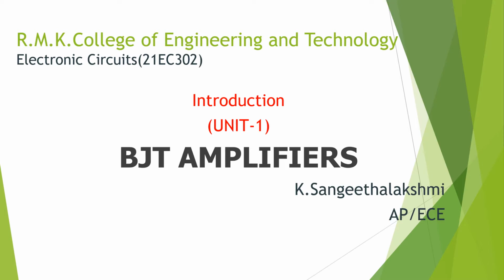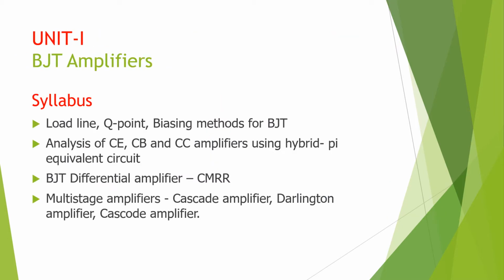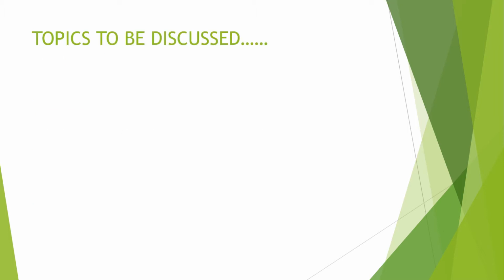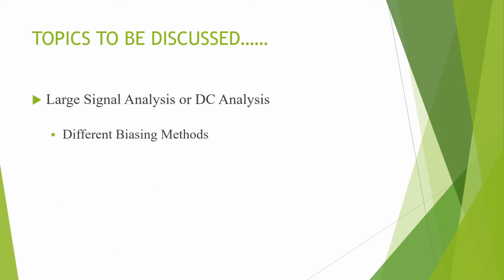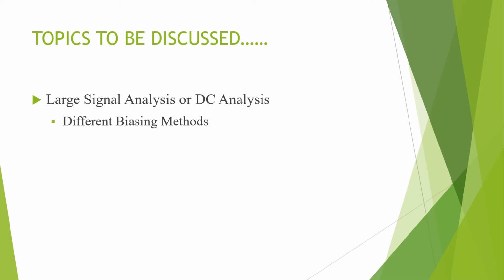I'm going to explain about the different biasing methods as well as small signal analysis in this presentation. So before that, you have to know the syllabus of Unit 1. These are the syllabus in the Unit 1 BJT amplifier. The topics we are going to discuss today: first, large signal analysis or DC analysis, in which we are going to see the different biasing methods.